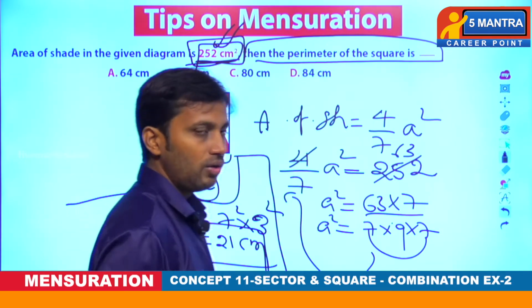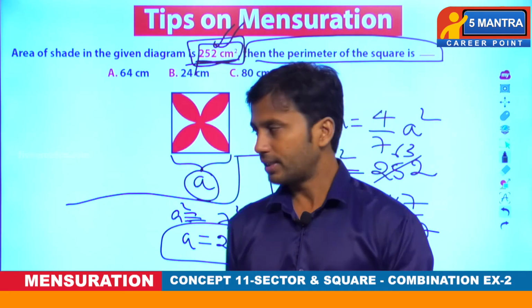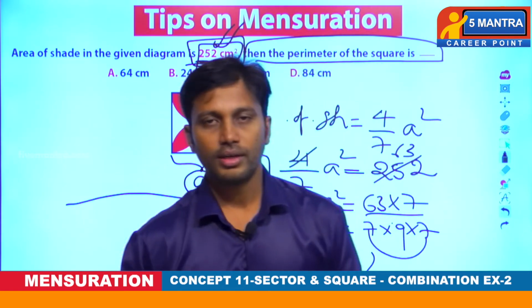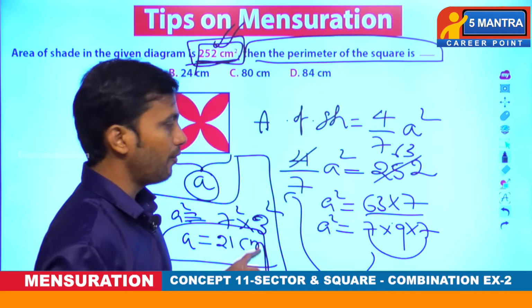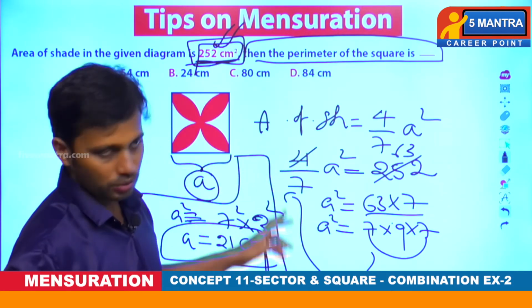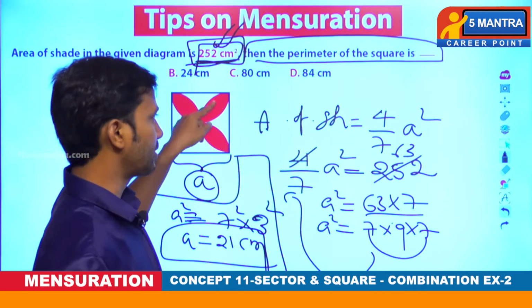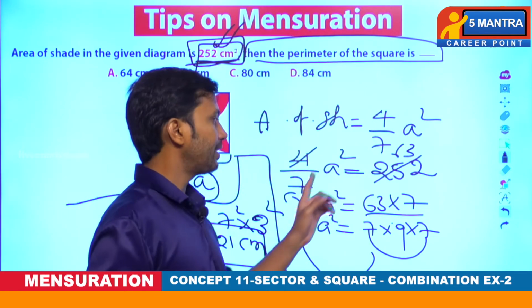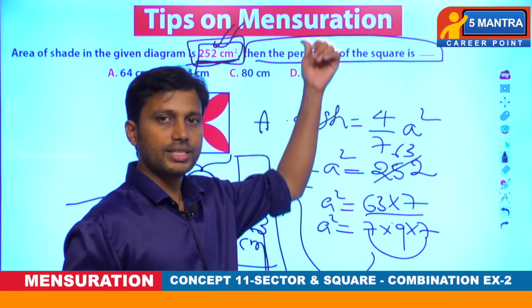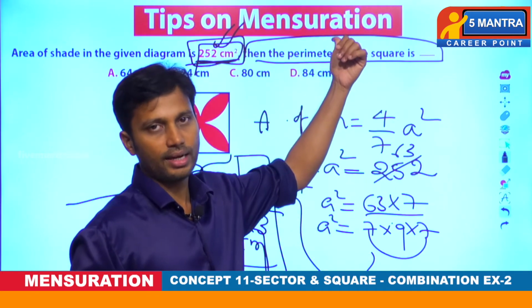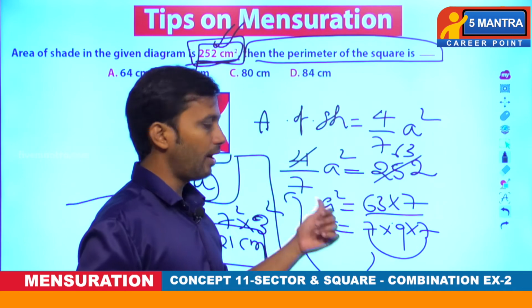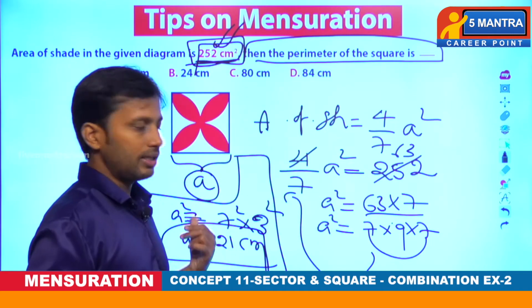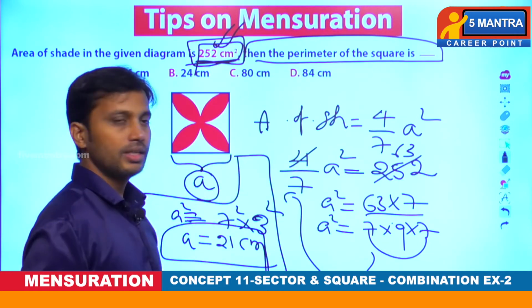Now what is the side of the square we got? 21 centimeters. Is it clear for you or not? What we did: if the side is A, we took the area of the shade as 4 by 7 A square, and equated that to 252, which is given as the shade area. After simplification, we found the side of the square: 21 centimeters.